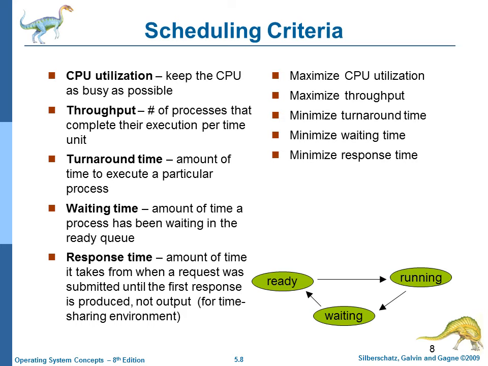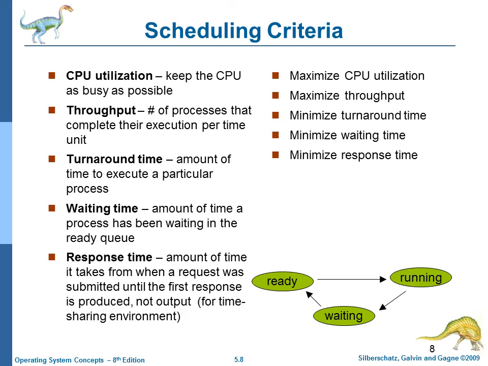The next criterion is waiting time: how much time processes spend in the ready queue waiting their turn to get on the CPU. Then response time: the time taken in an interactive program from the issuance of a command to the commencement of a response to that command.